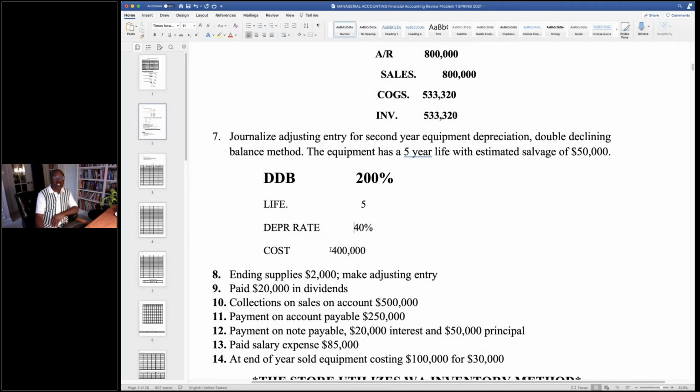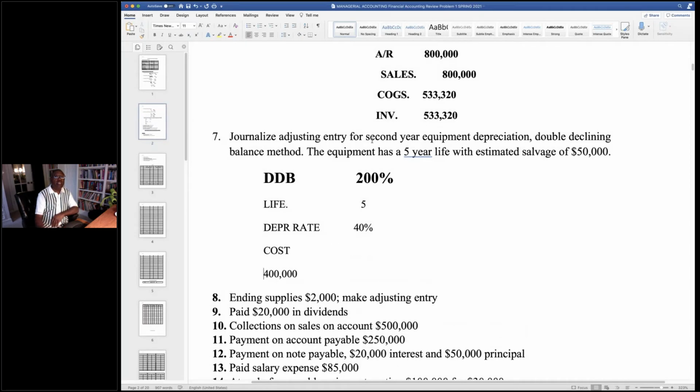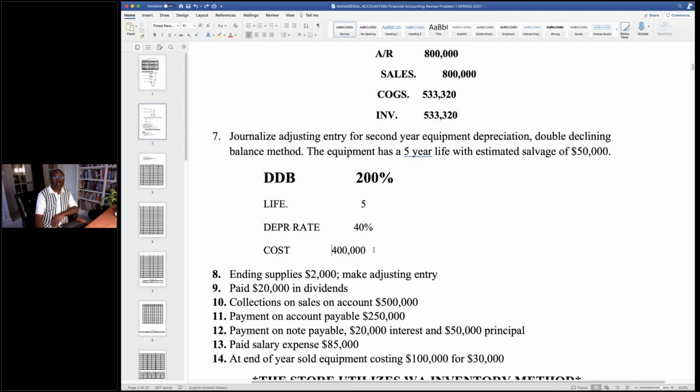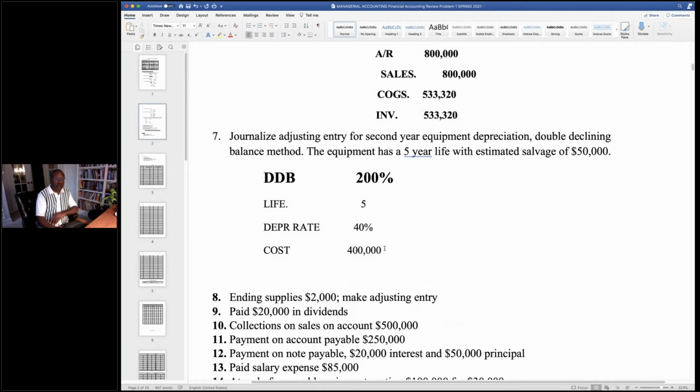Now we have to calculate year 1 depreciation. So what would our depreciation in year 1 have been? We're in year 2 now. So for year 1, we simply would have multiplied 40% times the cost, and we would have gotten how much? 160,000.